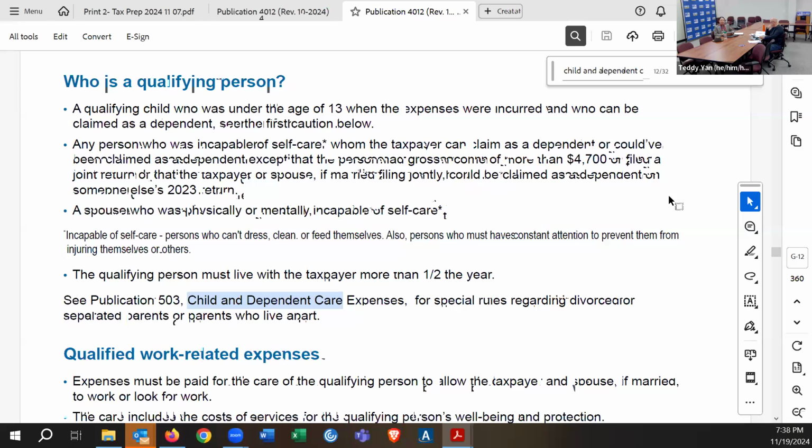People will often not realize why their return has suddenly dropped a whole bunch. "My return last year was $1,500 more. What happened?" Well, people will often forget that their kids can age out of credits. In this case, Daria has aged out of the child and dependent care expenses.